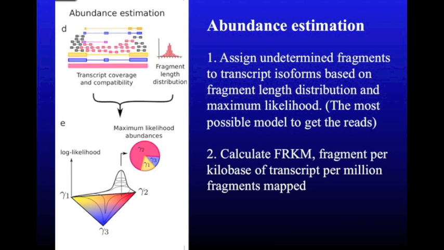So, based on the knowledge of the fragment length distribution and also the likelihood function, we could get the most probable model for the reads. And after assigning each fragment to each transcript isoform, we can proceed to calculate the relative abundance of each transcript by FPKM.